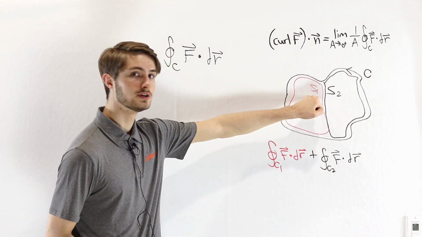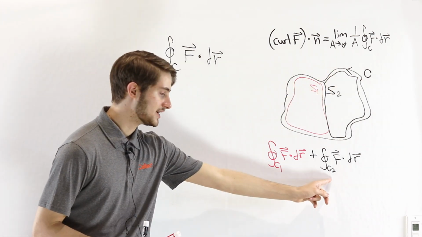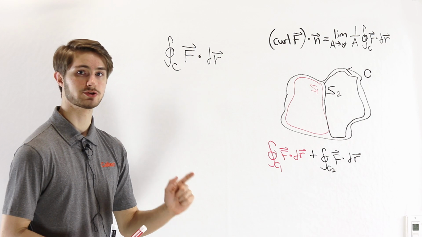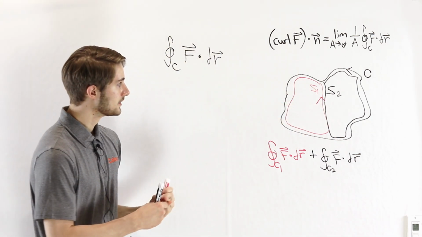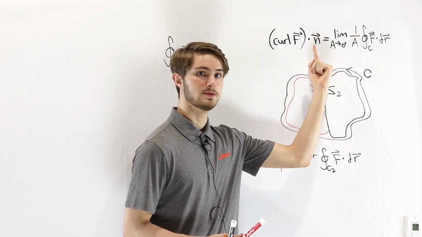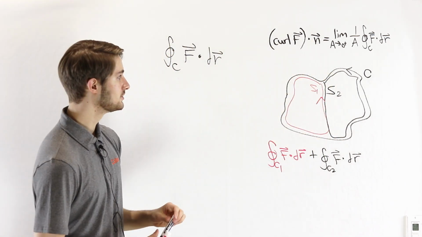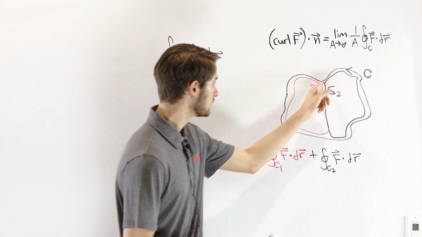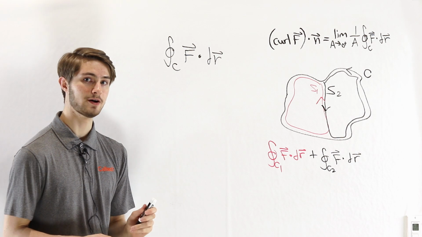This part of the curve was not originally there. But remember that all of these line integrals are oriented counterclockwise. So for surface 1, the curve is going to be going upward in the middle because that's the direction of counterclockwise. But for surface 2, if we move counterclockwise, in the middle, the curve is going to be going down.